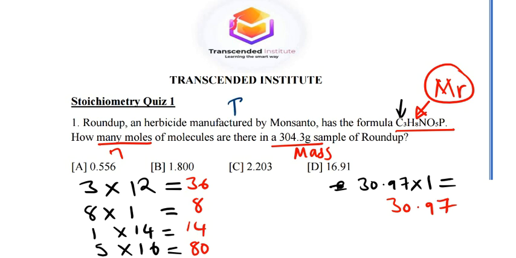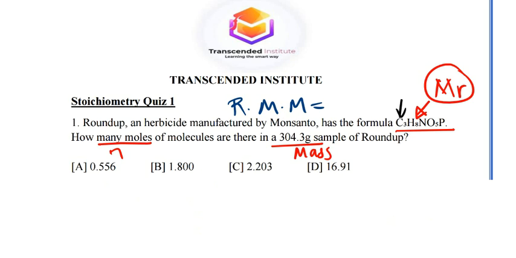We can also call it the relative molecular mass. The value that I have on my end for the molar mass is 169.07 grams per mole. So do your math properly using your periodic table. So that's our molar mass.